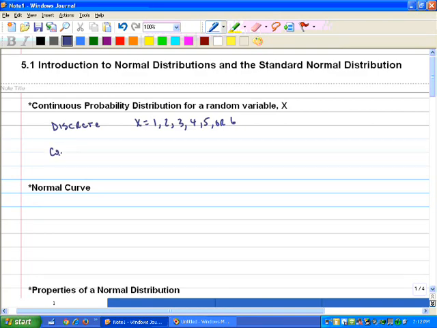In a continuous probability distribution, your x can take on a value between any two numbers in an interval. For instance, it could take on anywhere from 10 to 100, just depending on what we're working with here.